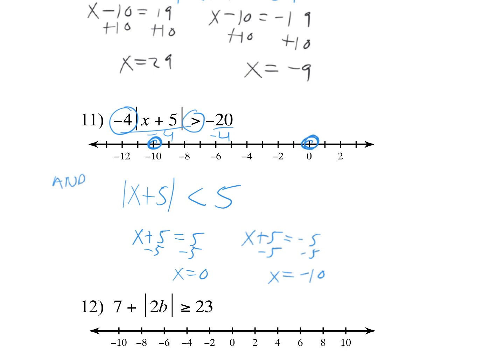And it is a less than, so we're going to shade in between. And then to write our answer as an inequality statement, your variable goes in the middle if it's an and. It's going to be negative 10 less than x less than 0, smallest to biggest.